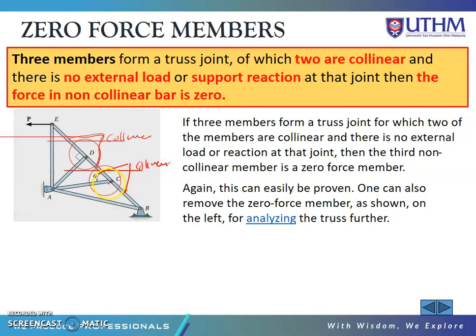At joint C, the non-collinear bar or member will become a zero force member. So this will become 0, and this also becomes a zero force member.